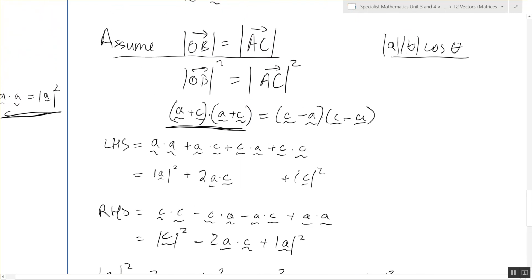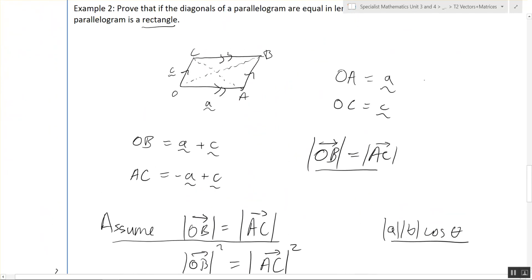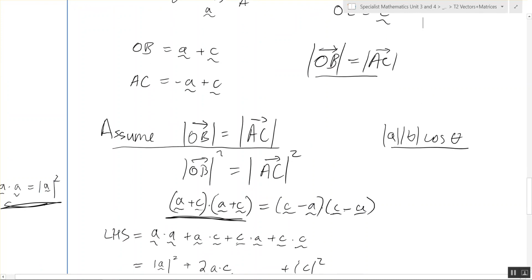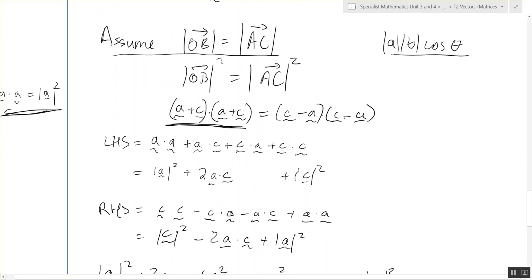Main things to look for: you've got to communicate all your symbols, explaining to the person marking it what they are. You've got to realize to assume that the diagonals are equal.